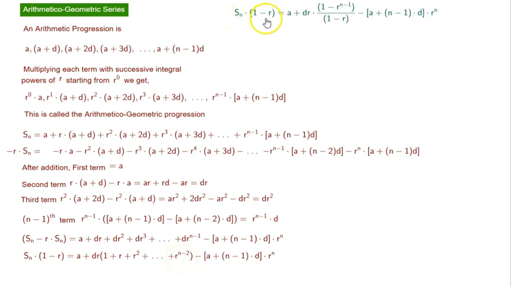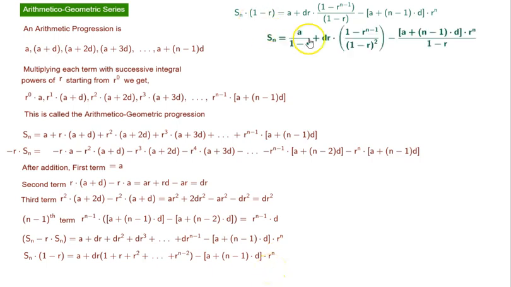S sub n times 1 minus r is equal to a plus dr times, and this is a finite geometric series, and we know the formula for that. So dr times 1 minus r to the power of n minus 1 by 1 minus r, minus this term as it is, a plus n minus 1 times d times r to the power of n.